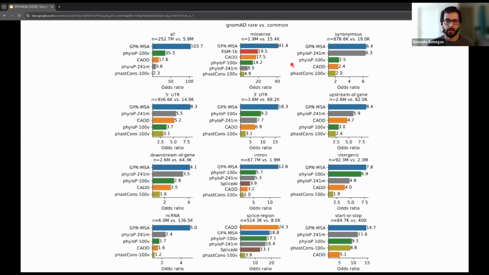Here I want to illustrate, zooming into gnomAD, how the model is able to score very different types of variants, such as 5' UTR or non-coding RNA. You can see that in the majority of them, it seems to improve quite a bit over previous methods. I also wanted to highlight the ability of having a single model for all these kinds of variants.